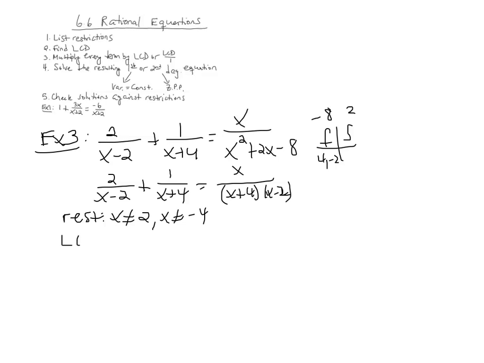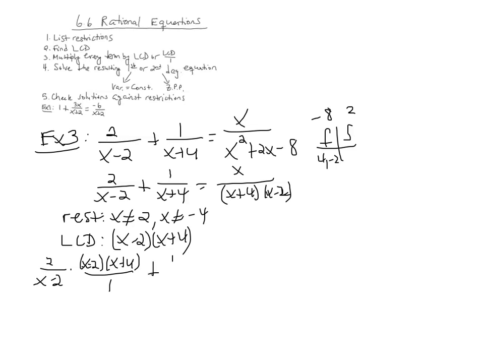But now that we've done that work, it's actually going to make finding the LCD easier. And hopefully we see that it is x minus 2 times x plus 4. So let's multiply every term by the LCD over 1. So there's the first term times the LCD. And now I'm going to multiply the second term by the LCD over 1.